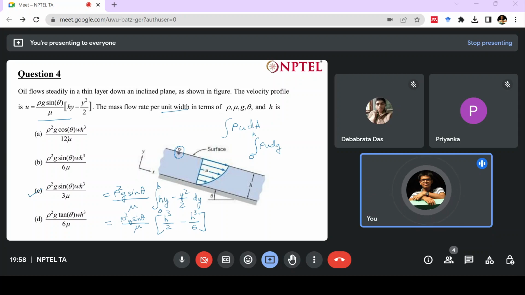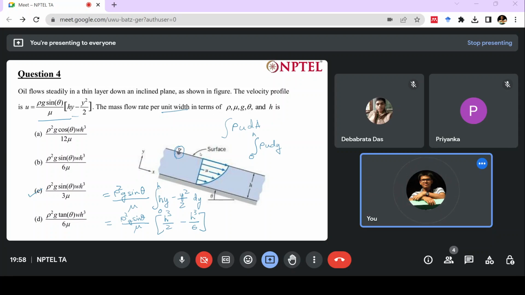So why is this velocity profile like this? There are a few things going on here in this velocity profile. One thing we can be very sure of is that the no slip condition has been applied at the wall, and the highest velocity is definitely along the surface, at h, and at h you would also have del u del y as 0, because it's a free surface, no stresses are transmitted across it.